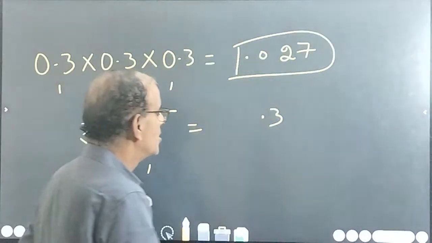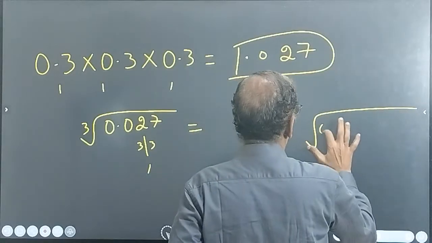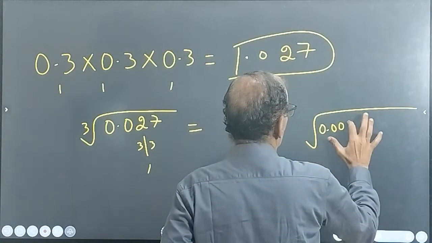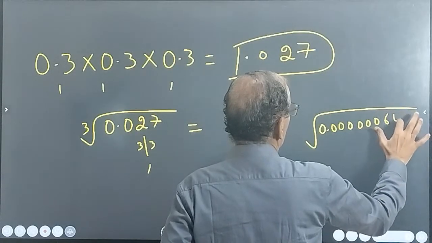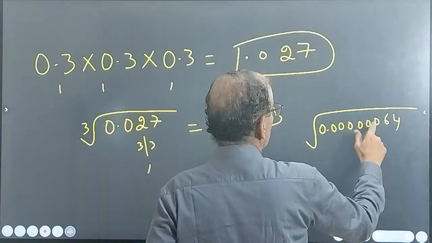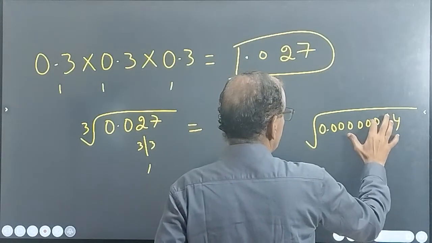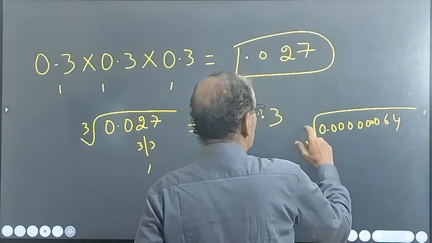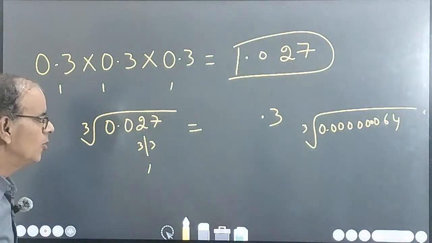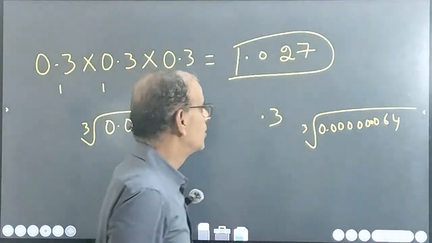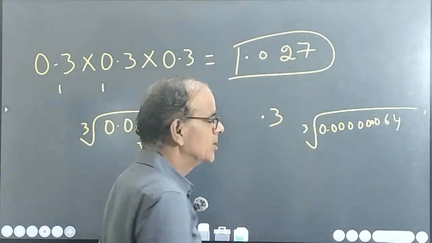Suppose the question is like this. You are asked to find the cube root of 0.00000064. 4 cube is 64.